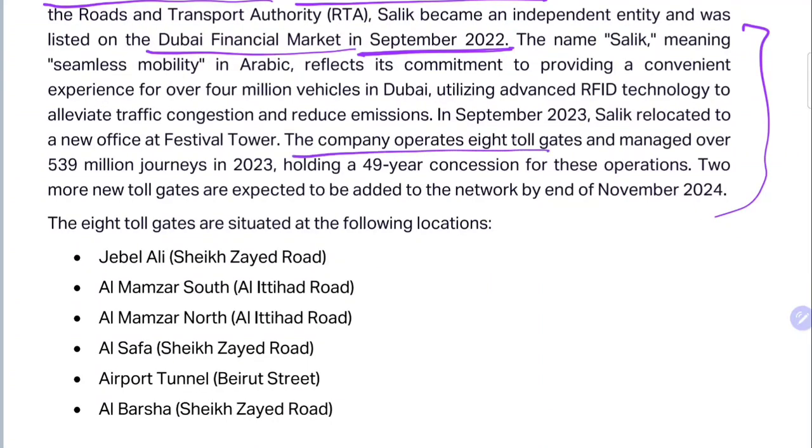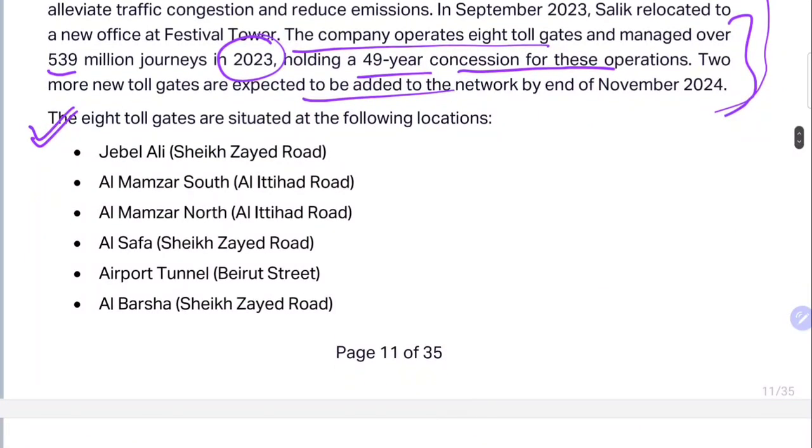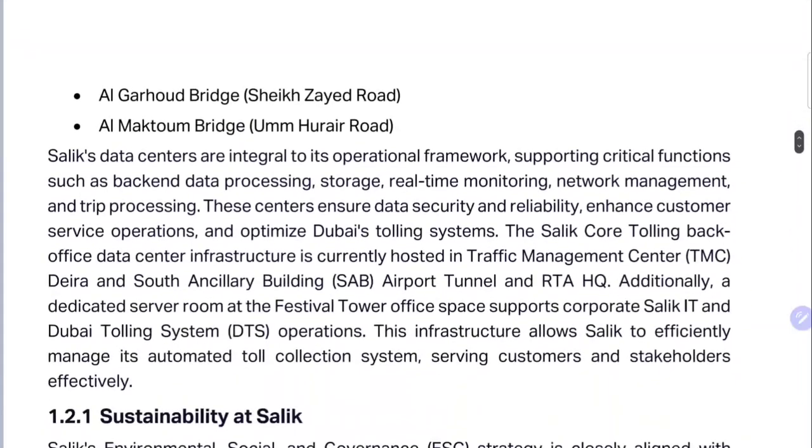The company operates 8 toll gates and managed over 539 million journeys in 2023 itself, holding a 49-year concession of these operations. 2 more new toll gates are expected to be added. So these are the toll gates which are at different locations. It has been highlighted here.